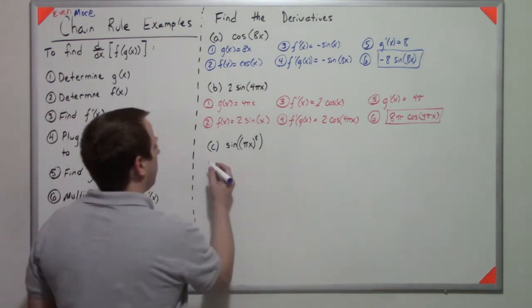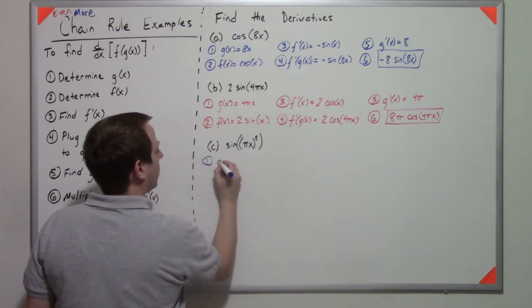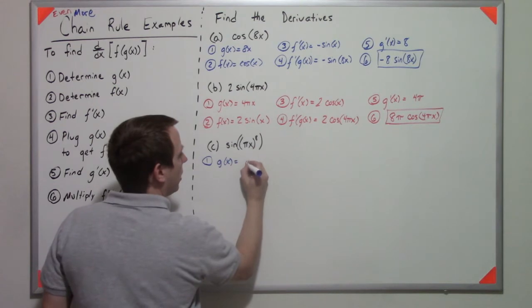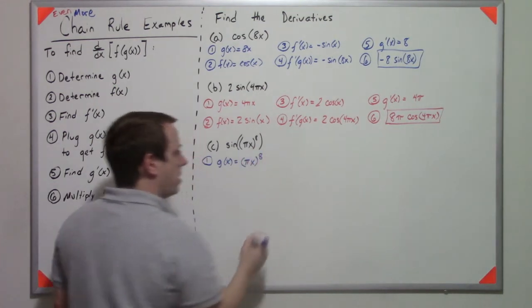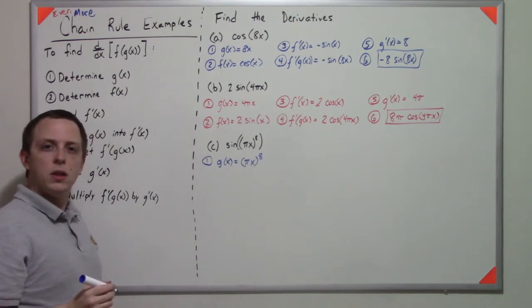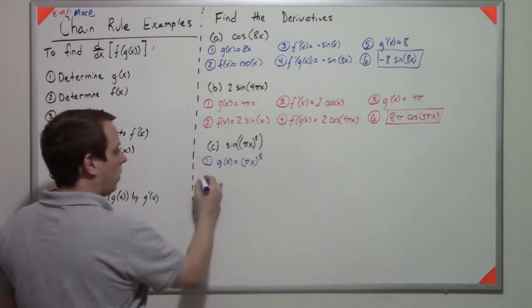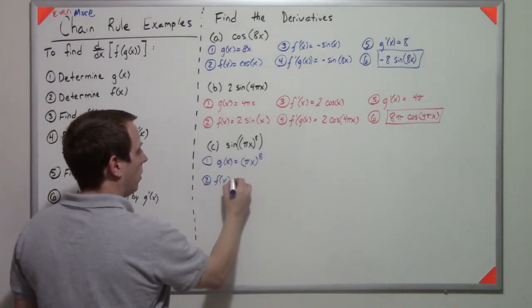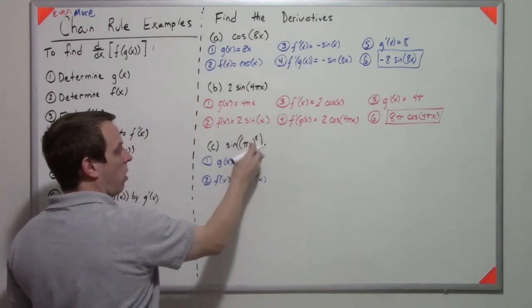So what we're going to do is we're going to say g of x. So what's inside here? Well, what's inside is pi x to the 8th, right? Because that's what's inside there. So what's left over? Well, what's left over is sine of just x, because that whole glob got taken out.